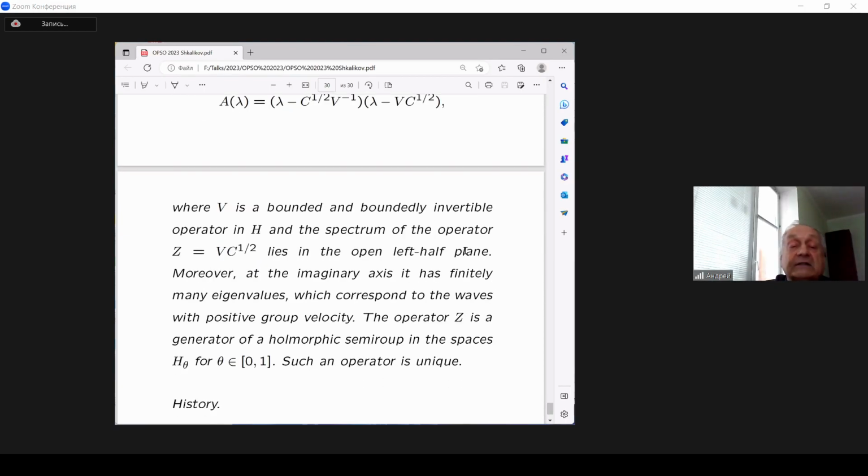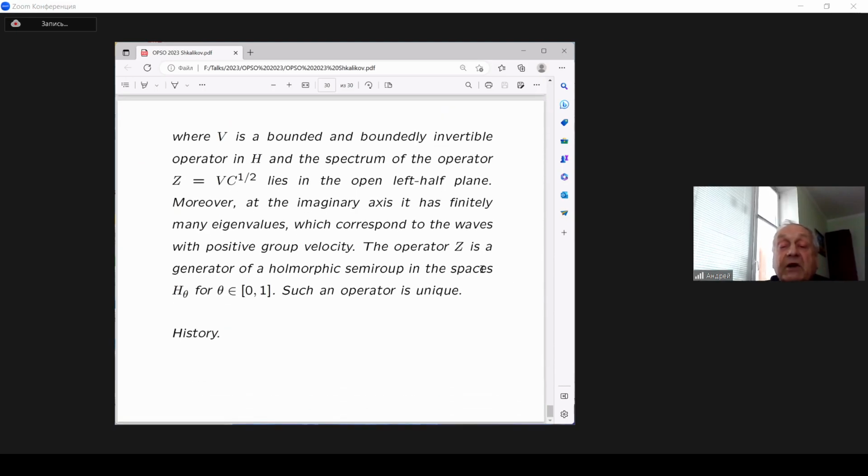Moreover, on the imaginary axis, it has finitely many eigenvalues which correspond to the waves with positive group velocity. The operator Z is a generator of a holomorphic semigroup in the spaces H_zeta for all zeta in the segment [0, 1]. Such an operator is unique.